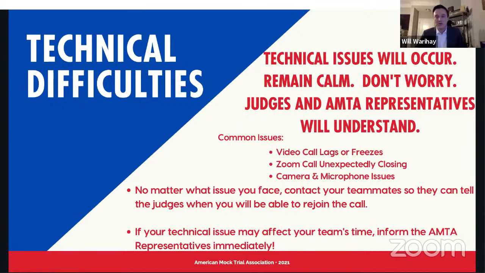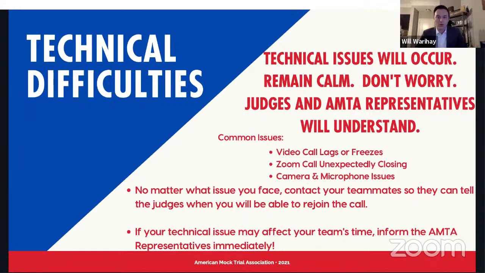Some common issues that we're going to go through are if your video call lags or freezes, Zoom unexpectedly closes on your computer, or you have camera and microphone issues where people can't see or hear you. No matter what issue you might face, make sure that you contact your teammates so that they can communicate the issue to the judges.